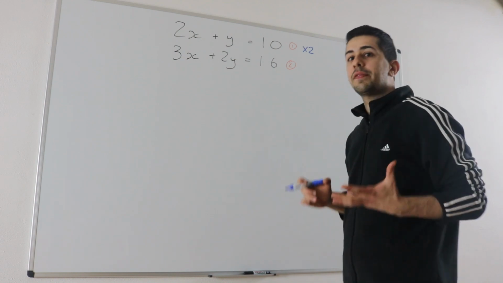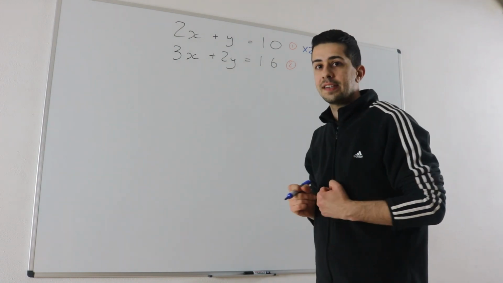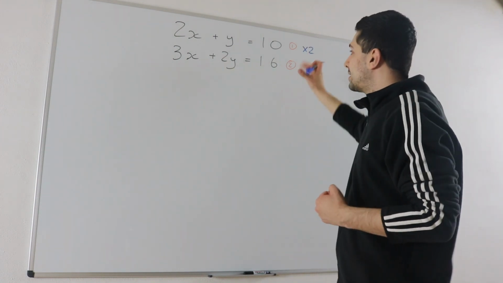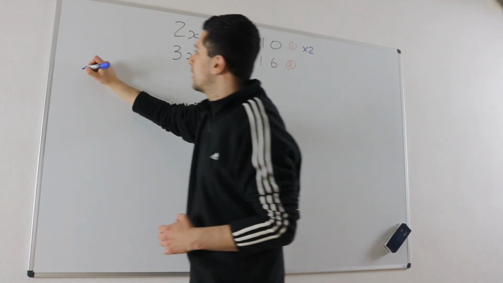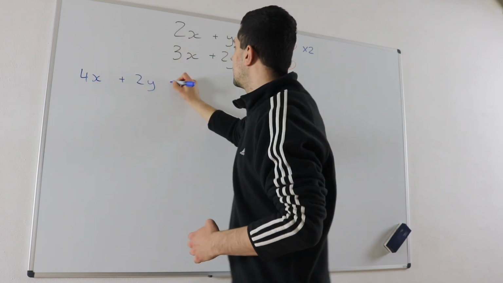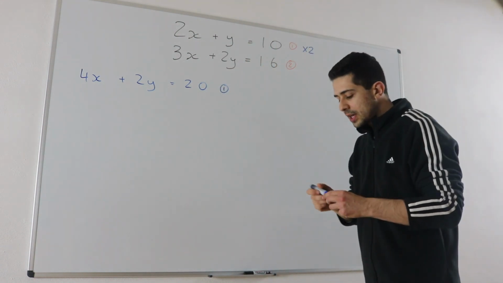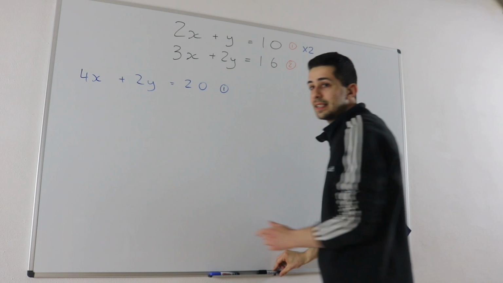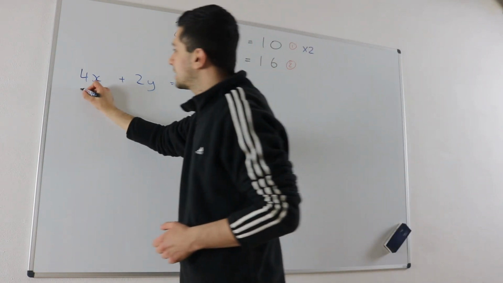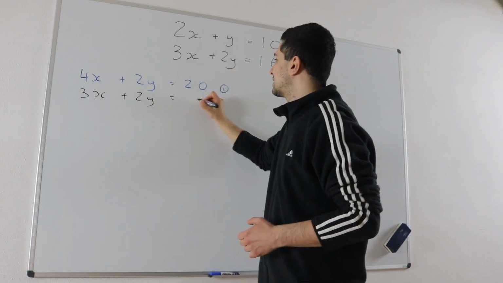So when I multiply it by 2, I get 4x plus 2y equals 20. And the second equation, I will just copy it as it is. So I have 3x plus 2y equals 16.